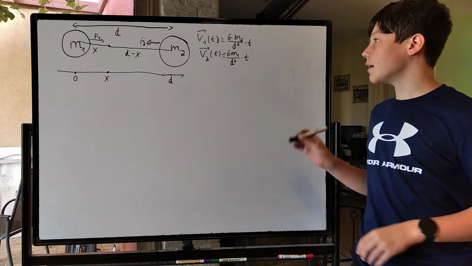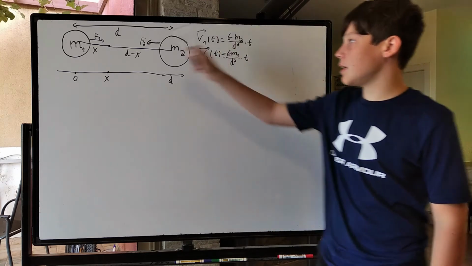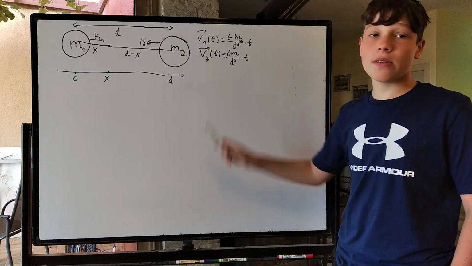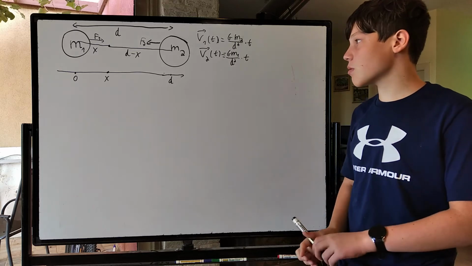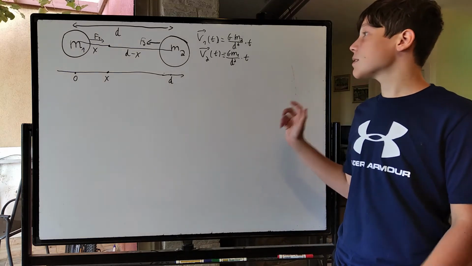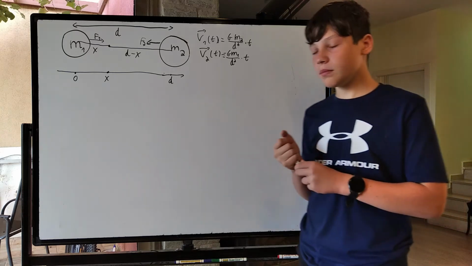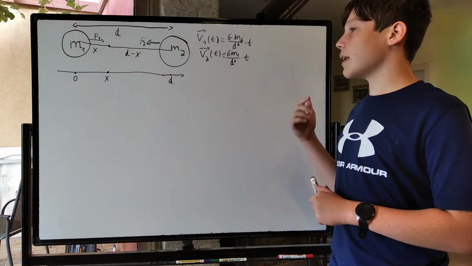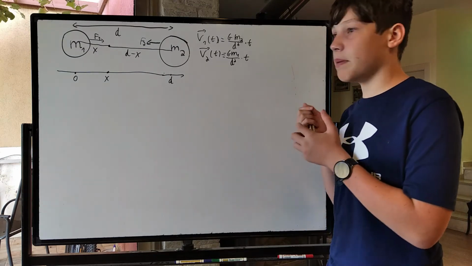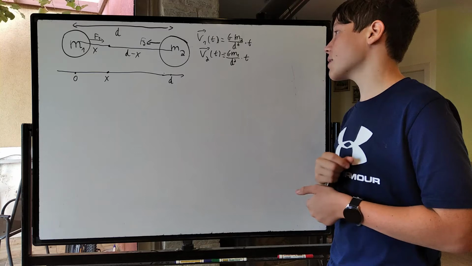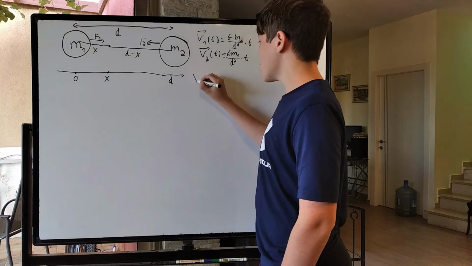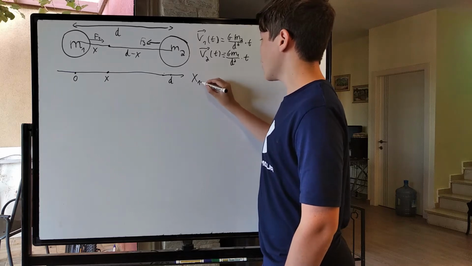Okay, so now we can integrate them both again to find what is the position of each one with respect to t. So let's begin with x1.